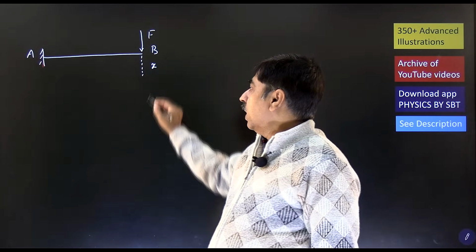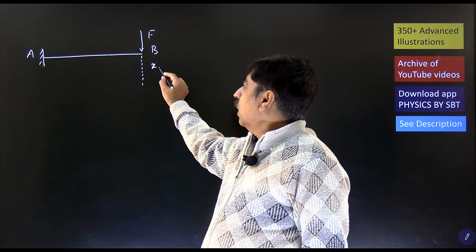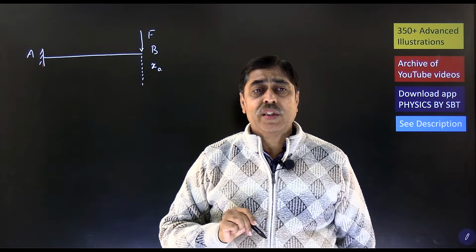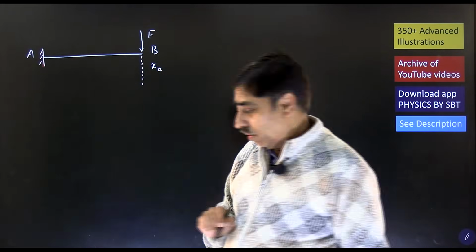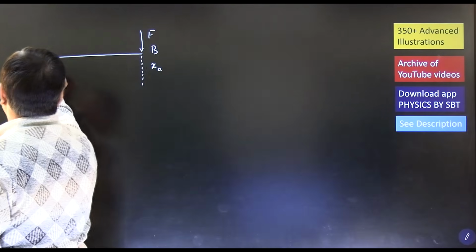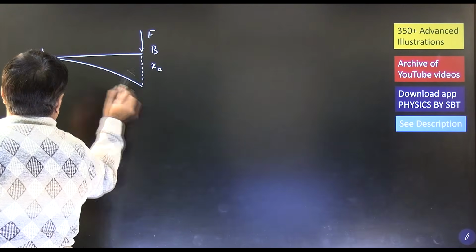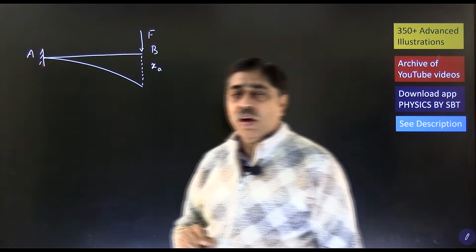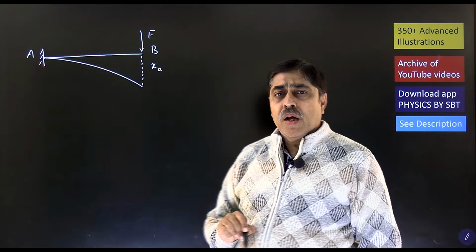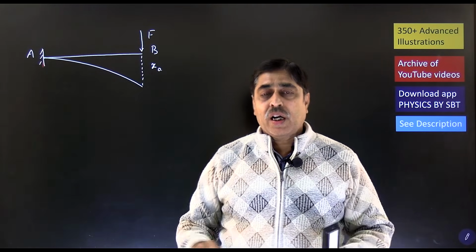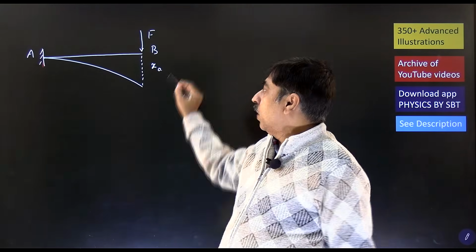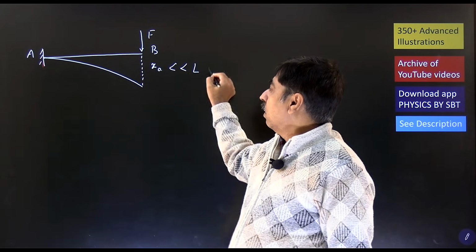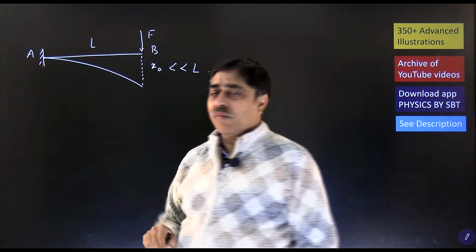In the final state, the displacement of end B is x naught, and therefore the rod gets bent like this. Obviously, this diagram is correct only if we assume that this x naught is much less than L, which is given in the question.